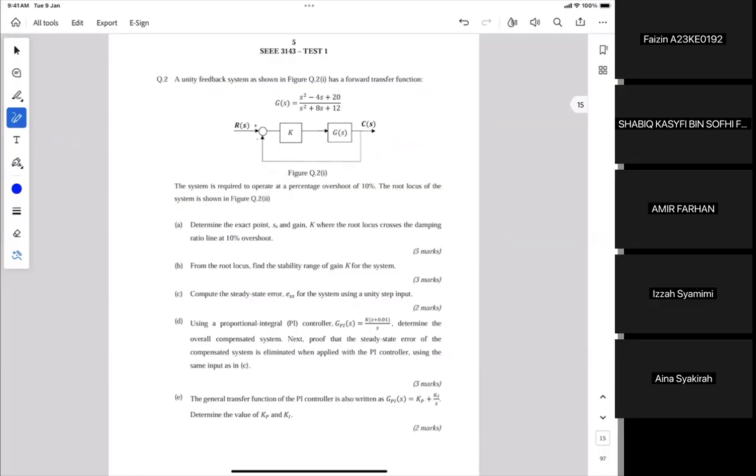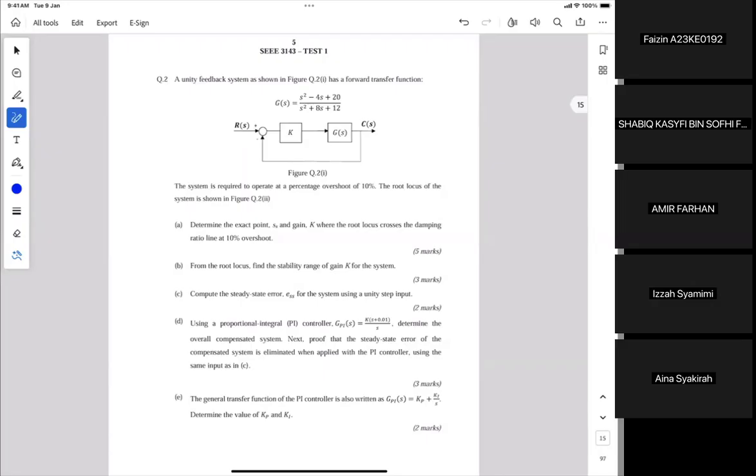A unity feedback system as shown in figure Q.2 has a forward transfer function G(s) equal to (s^2 - 4s + 20) over (s^2 + 8s + 12). The system is required to operate at a percentage overshoot of 10%. The root locus of the system is shown in figure Q.2(ii).